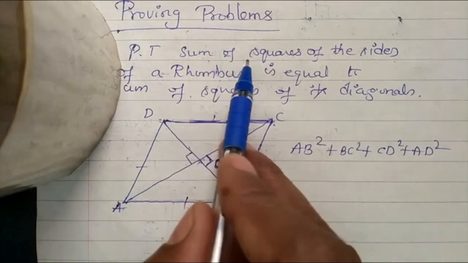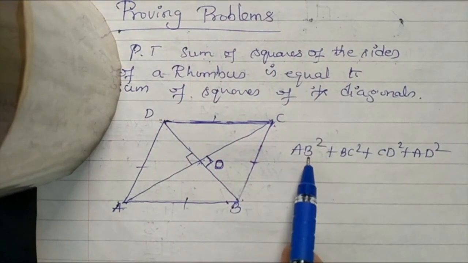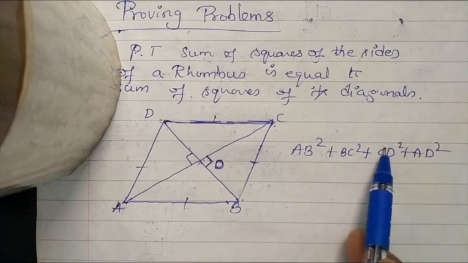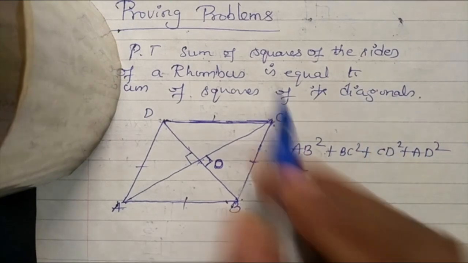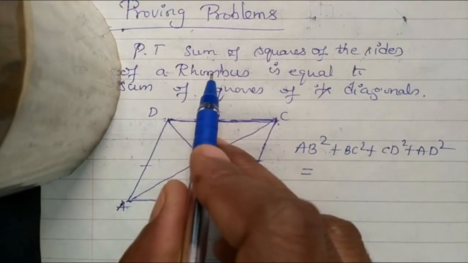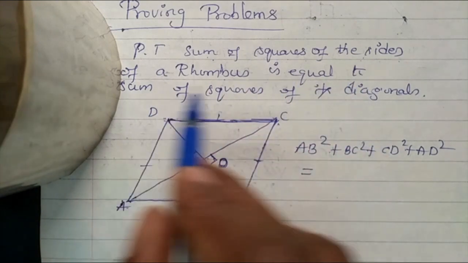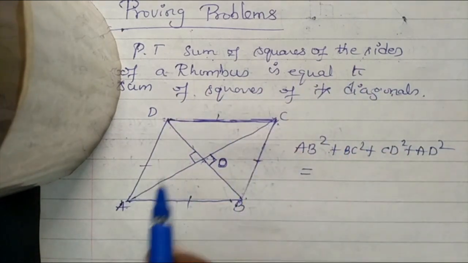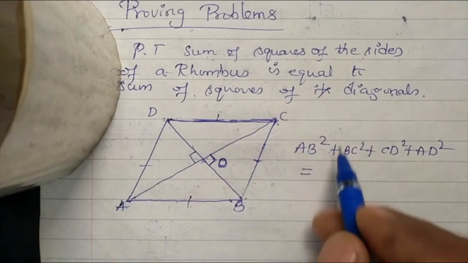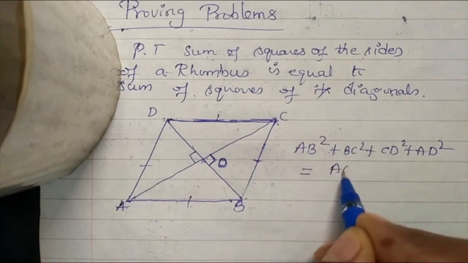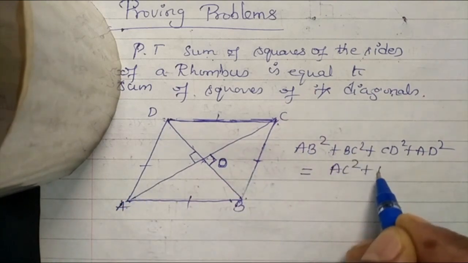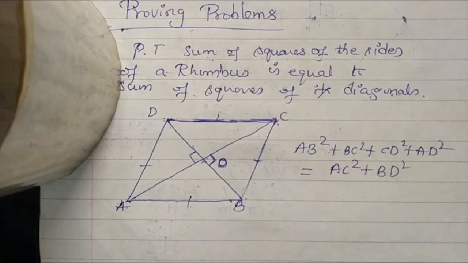Look at here, sum of squares of all four sides. That is equal to sum of squares of diagonals. So how many diagonals are there? Two diagonals are there.